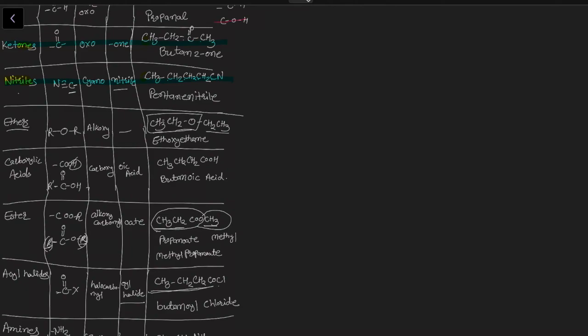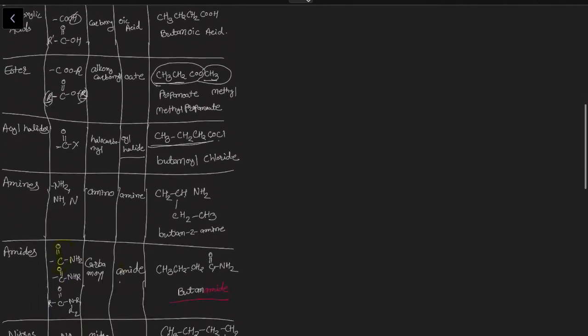Ether. The next group we learned was ether, which is represented by O bonded with two carbon chains. The prefix for it is alkoxy. We do not have a suffix. Normally ether is used as a suffix for a common name, but in IUPAC we do not use that.